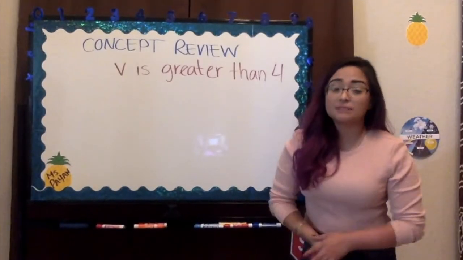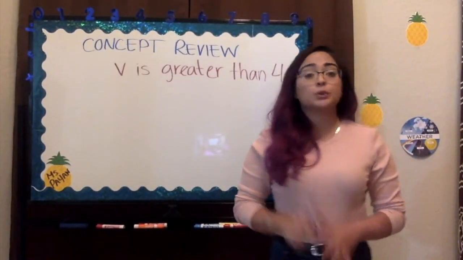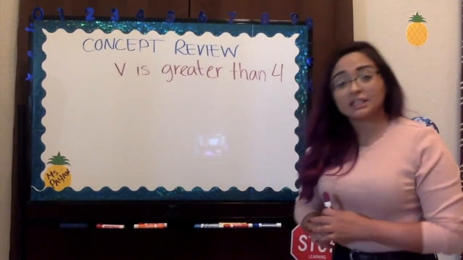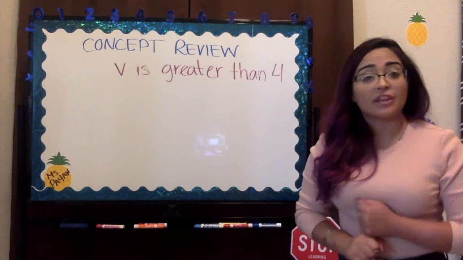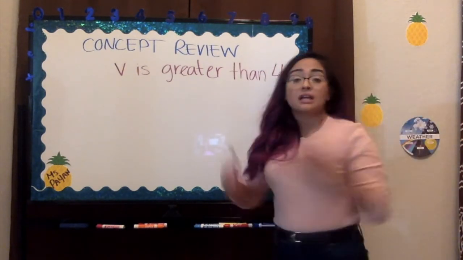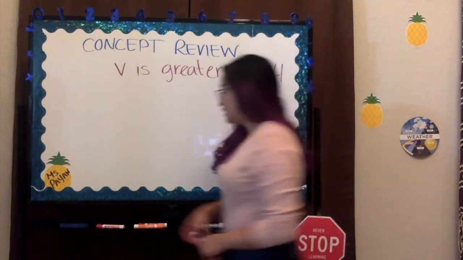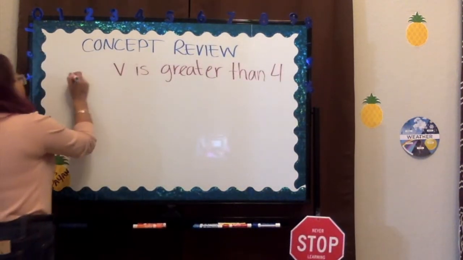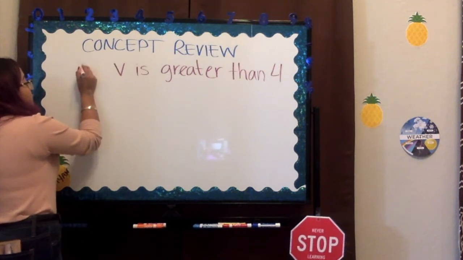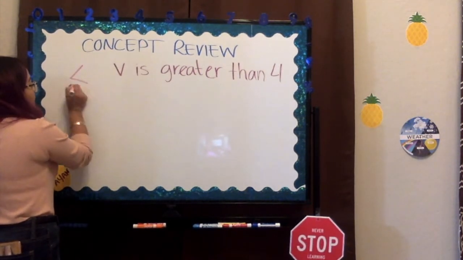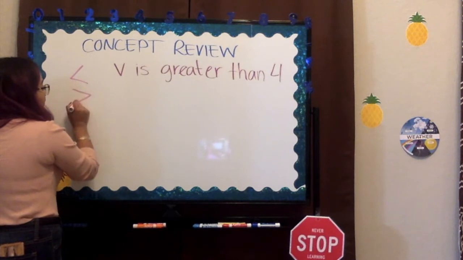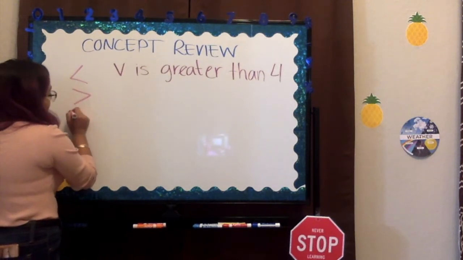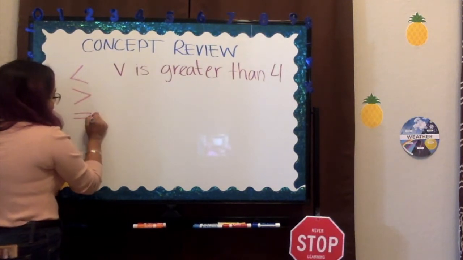The last concept that we are going to be looking into today is concept number 6, which is inequalities and their graphs. So, inequalities. First, our inequality symbols are these, which would be less than, greater than, equal to.